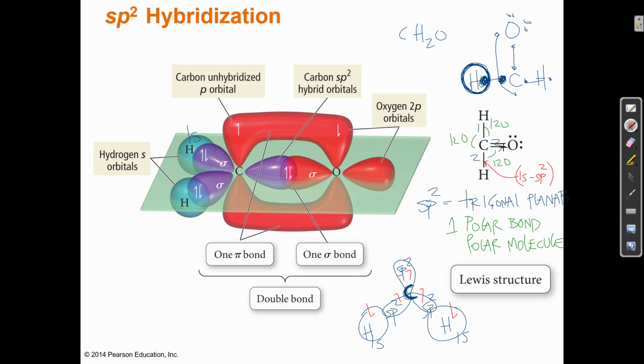What about the bond between carbon and oxygen? Well, if we draw the oxygen up here, it's a little bit too big.